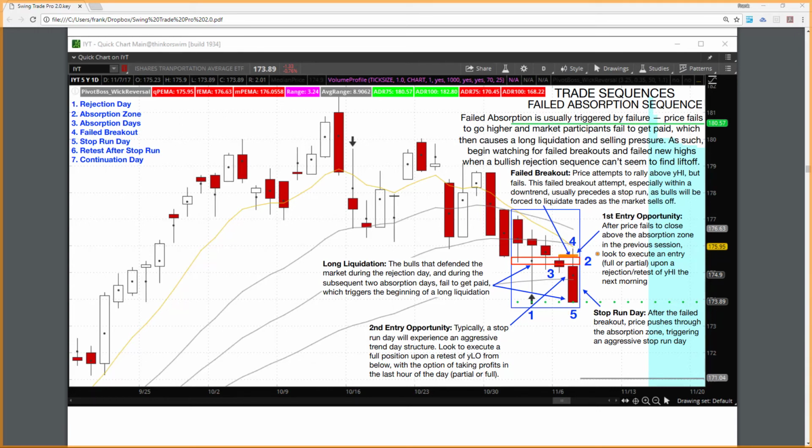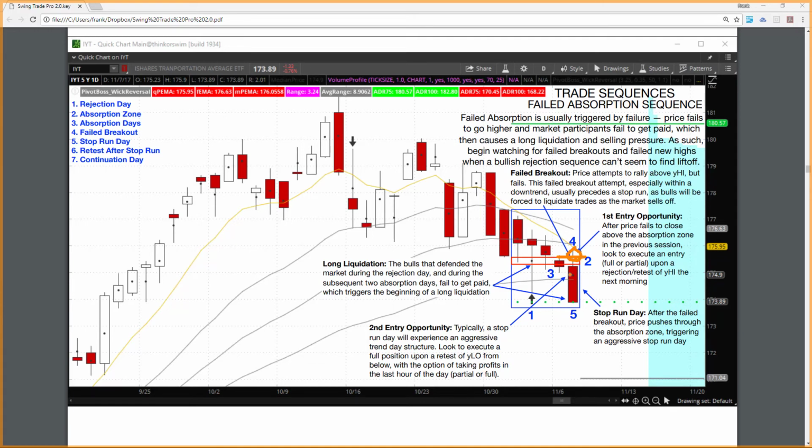So your first entry opportunity becomes the previous high rejection. After price fails to close above the absorption zone in the previous session, look to execute an entry, full or partial, upon a rejection or retest of the high the next morning. Right there, anywhere in there, is a great opportunity to look to initiate a trade.